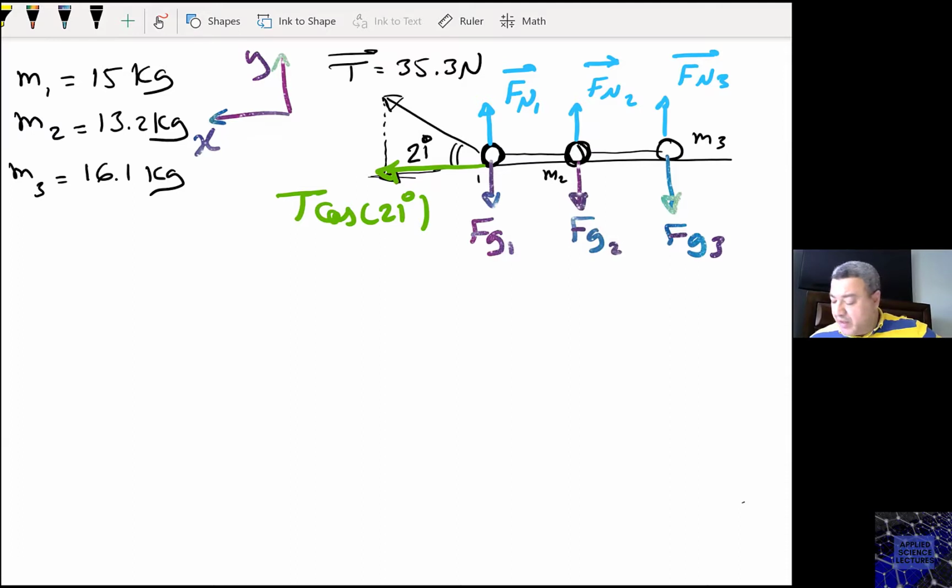So if I look at the system as a whole system, okay, yeah, this is question 57, chapter 5, number 57. What else do we have? We have here this tension.